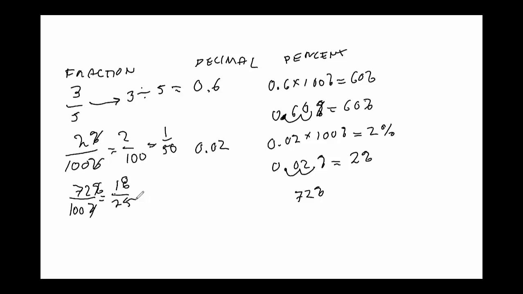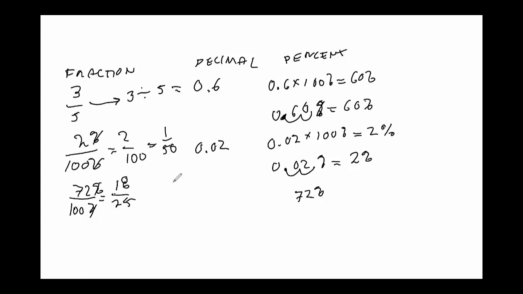Now the last thing we want to do is take that and convert that into a decimal. Well, as I said, we can just divide 18 divided by 25, or realize that a percent is divided by 100.